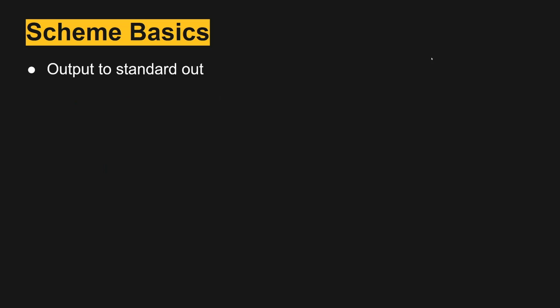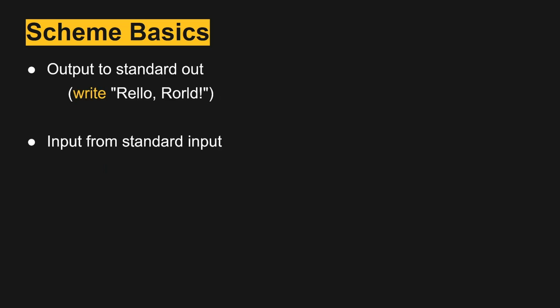The output from write goes to standard out. The input comes in from standard input, and it's a single standalone operator. It has no operands, and it basically returns what's entered. So as soon as we define user input here, as soon as it's run, it will read the input from the input device, and then it will return it so that it would effectively set user input, which is a variable.